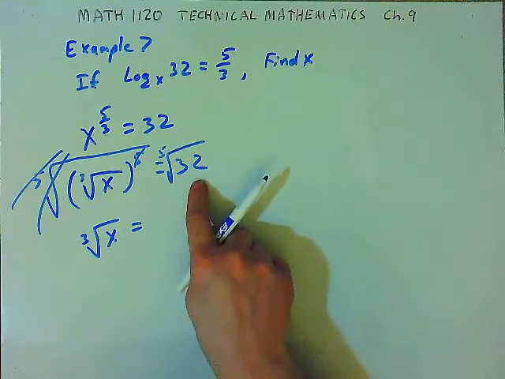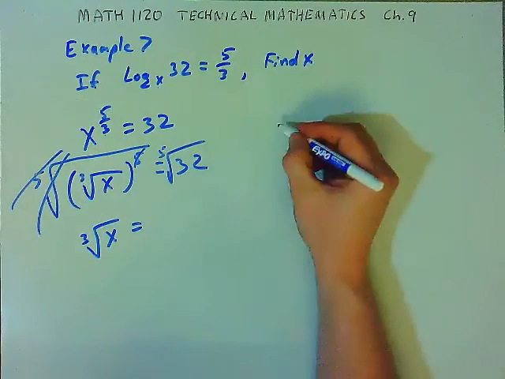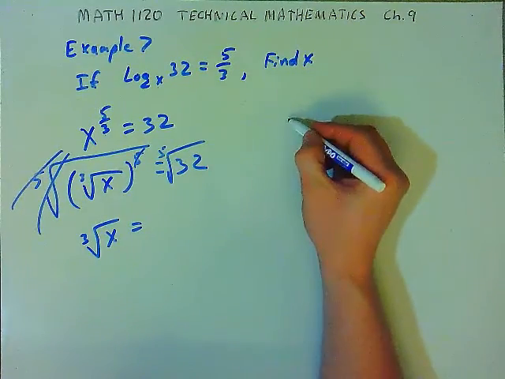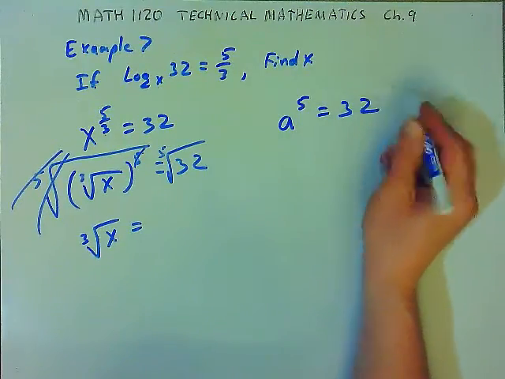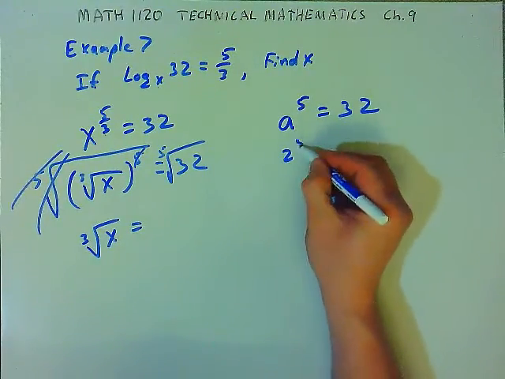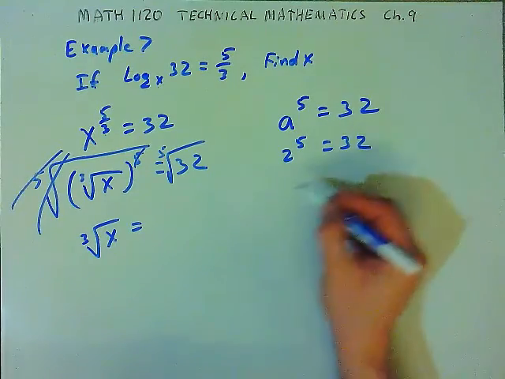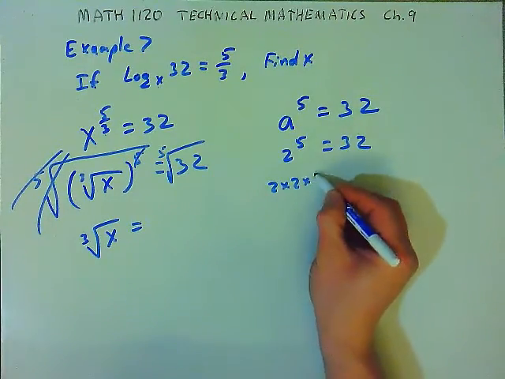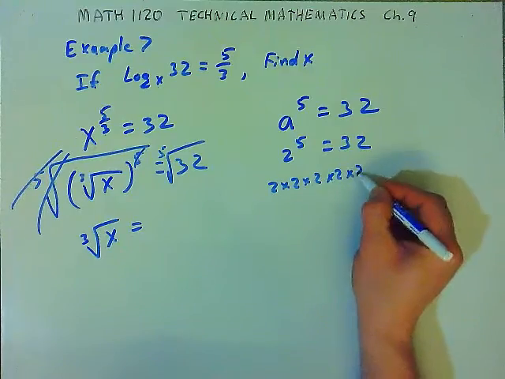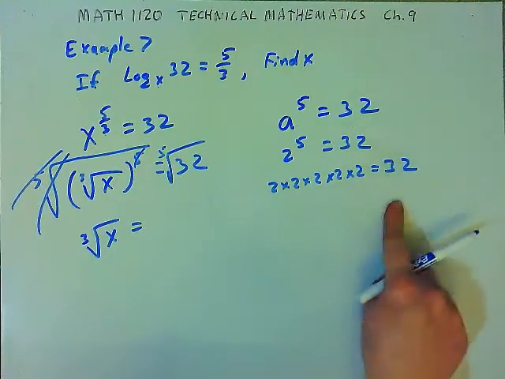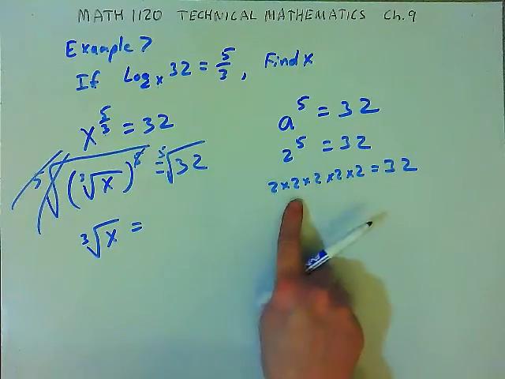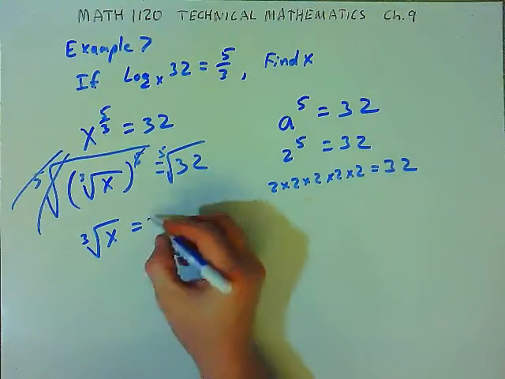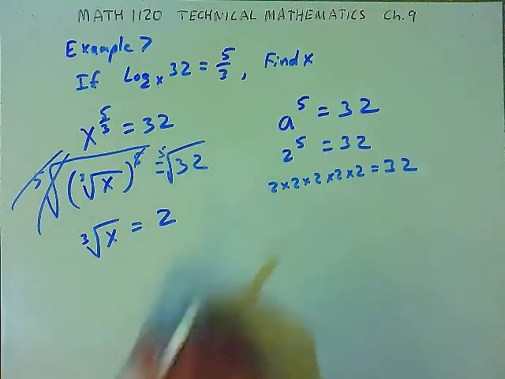The 5th root of 32, that's the same thing as saying, what number to the 5th power is equal to 32? Well, it turns out the answer is 2. 2 to the 5th power is equal to 32, because 2 times 2 times 2 times 2 times 2 is in fact 32. So the 5th root of 32 is 2.